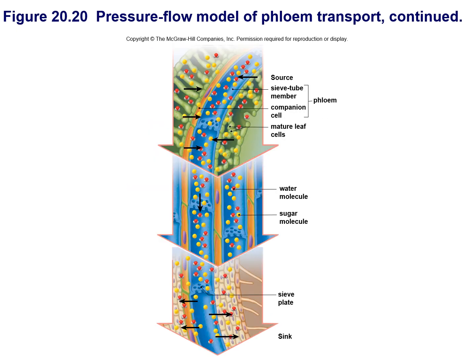And then finally, when you get down to the roots, you've got still some more of these sieve plates, and the sugars end up passing through to the sides as well as some of the water. So water is still important, but again, you've got to remember, water is not the source. This is the source of sugar we're talking about. So the sugars now here are getting to the roots, and then the roots themselves now have nutrients to grow and continue living on.